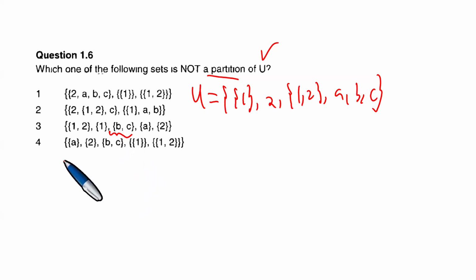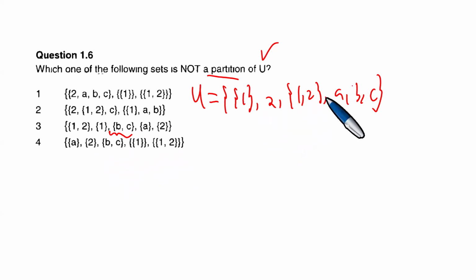Hence, if you look at this particular set in option 4, it contains A, 2, BC, 1, and 1, 2, containing the subsets of U. If we look at this very carefully, and look at the union of all these, would it contain all the elements?